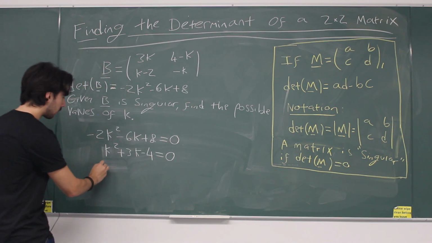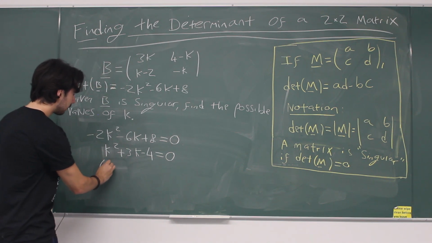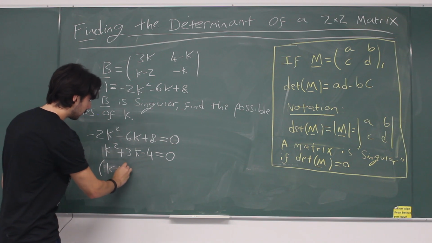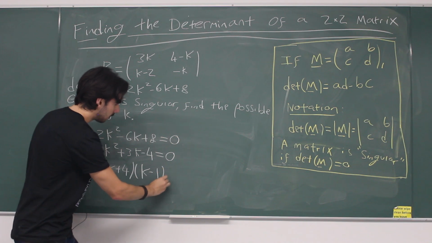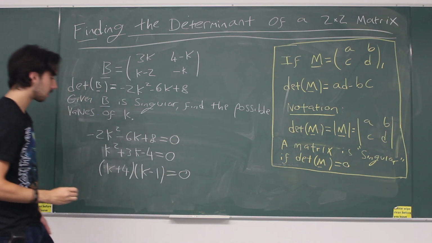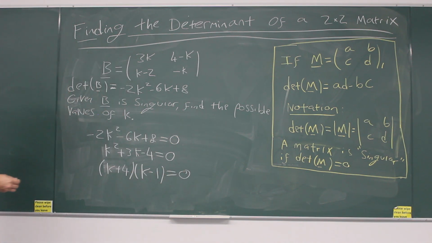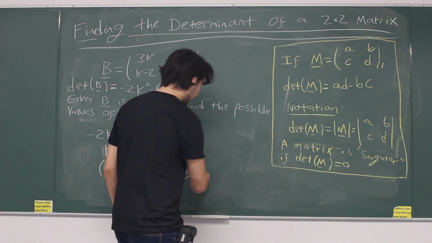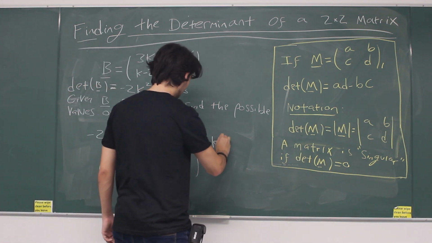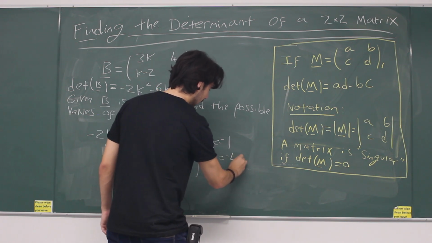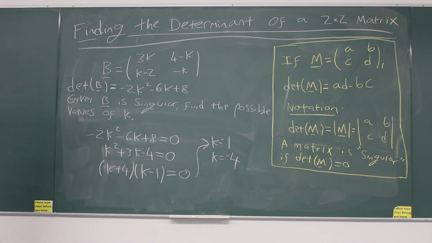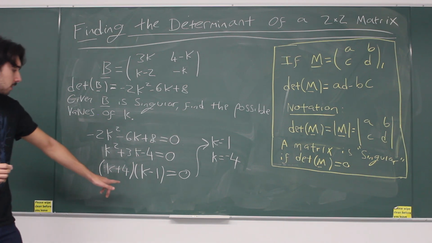Then I'm going to factorize, because it factorizes nicely, to k plus 4 times k minus 1 equals 0. Okay, so that means that the two possible values of k are k is 1 and k is minus 4. And hopefully that makes sense why that's true.